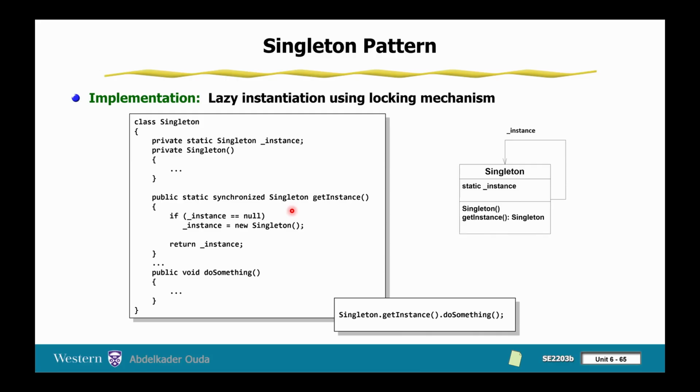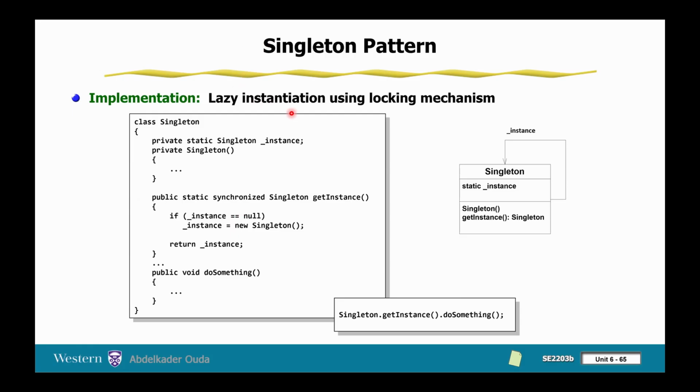We need to prevent that. If we have too many requests to one method, only the first request can execute the method, and when the first request is done, then the second request can execute. How can we achieve this? It's easy and simple, by adding this keyword, synchronized, in front of the method name.